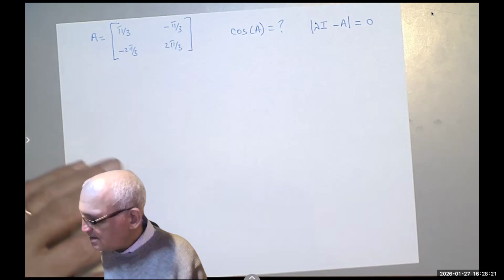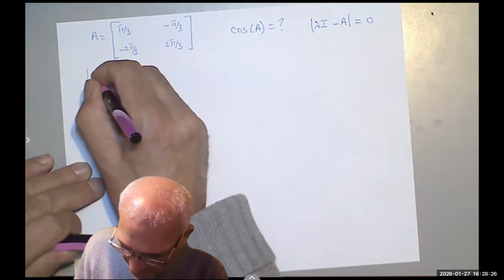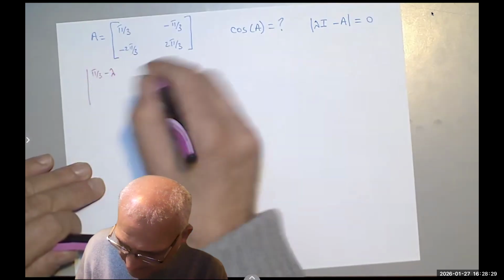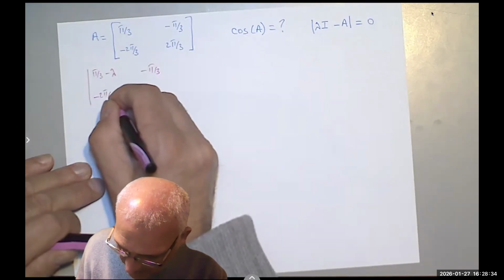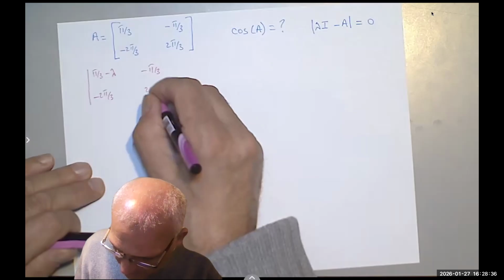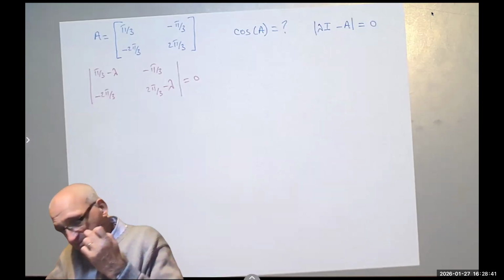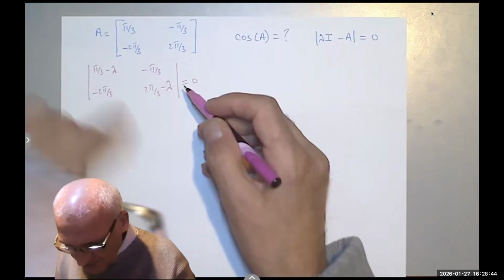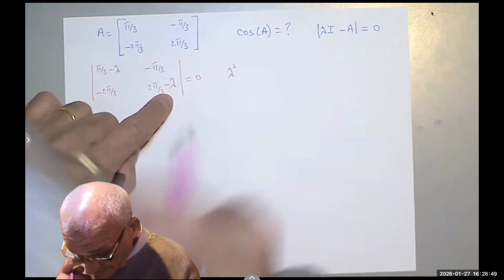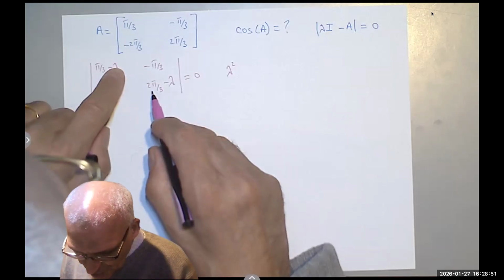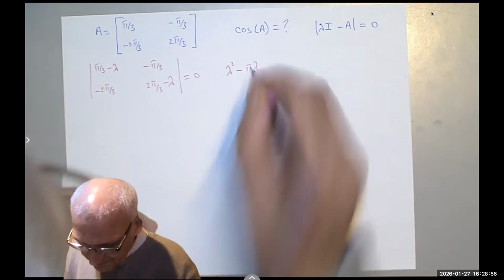So let's work this out. So now I have pi over 3 minus lambda, negative pi over 3, negative 2 pi over 3, and 2 pi over 3 minus lambda, equate that to 0. So when you multiply the main diagonal elements, you get lambda square, and then you have negative 2 pi over 3, and negative pi over 3 is negative pi lambda.